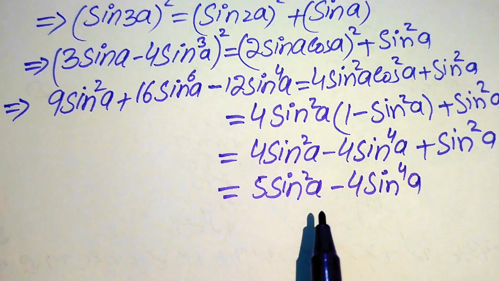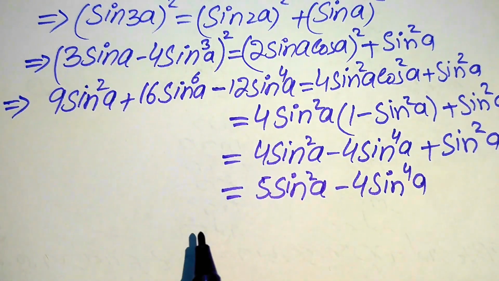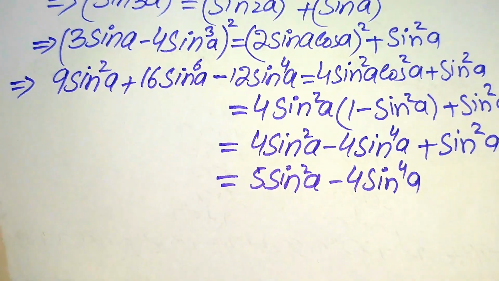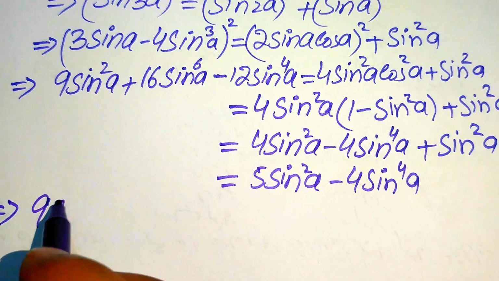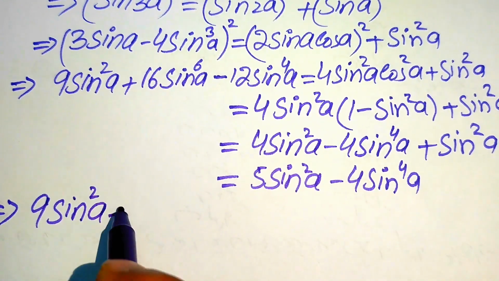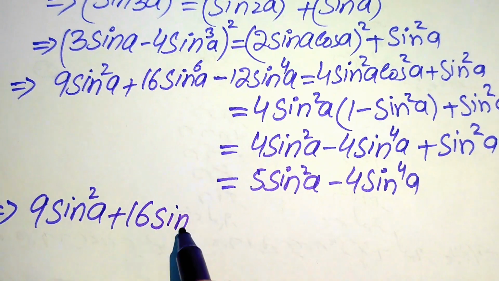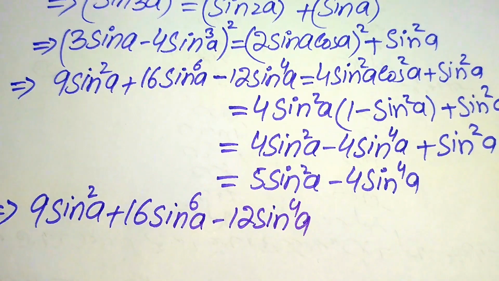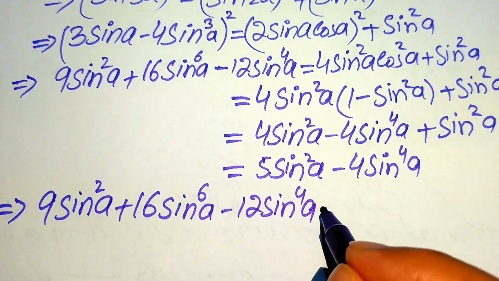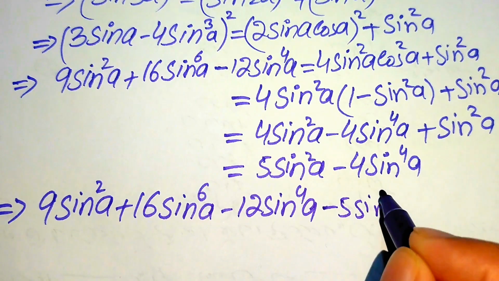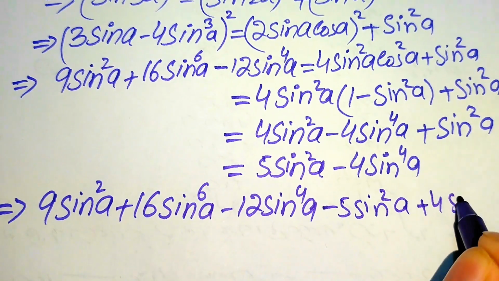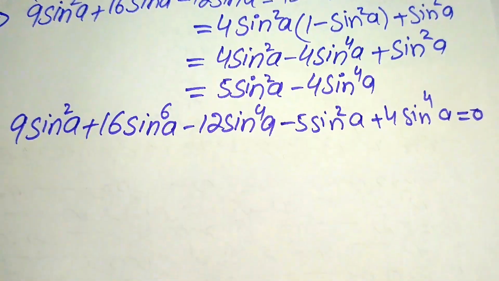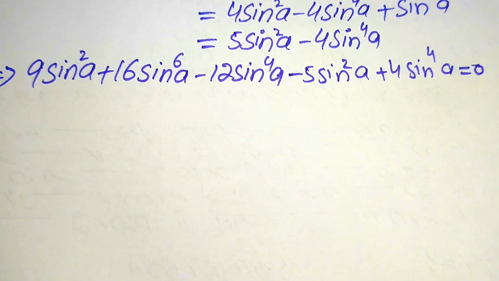Now we move these two terms from the right hand side to the left hand side. The left hand side is written as 9 sine squared A plus 16 sine to the power of 6 A minus 12 sine to the power of 4 A, and moving the two terms gives minus 5 sine squared A plus 4 sine to the power of 4 A, and this whole equation equals 0. Now we add or subtract the like terms.